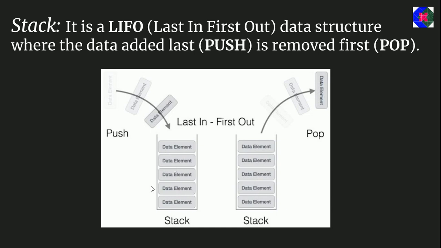Suppose there are these 5 seats in a school bus. So the very first student who will be riding the bus will have to take the seat at the last. And the second one will take the second last seat, and just like that, the fifth student or the last student will have the first seat.